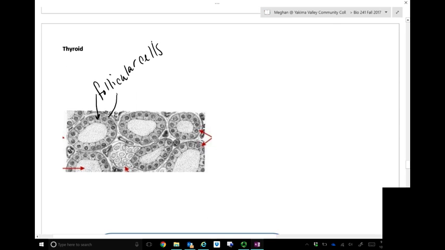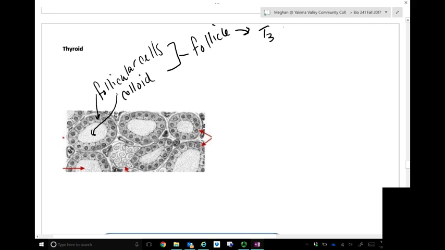And then inside of the follicle is colloid, the fluidy, gel-like stuff on the inside. Both of those things together make up the entire follicle, which is that large circular structure, not large as in baseball sized, but large as in you can see it pretty well on the microscope.